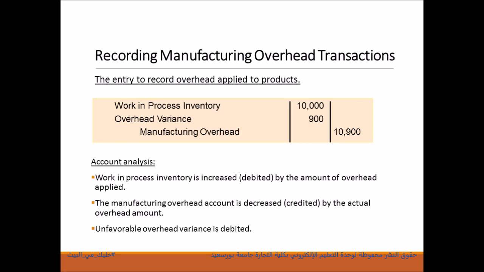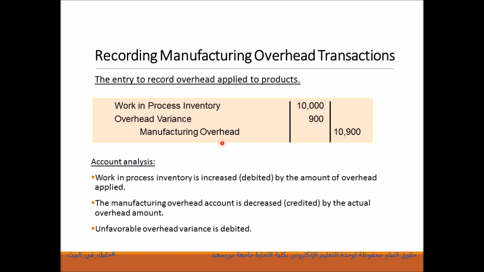Now we need to record overhead applied to products. To record overhead applied to products, we debit, increase, work in process inventory by the amount of overhead applied, and credit manufacturing overhead account, decrease the account by the applied overhead amount.